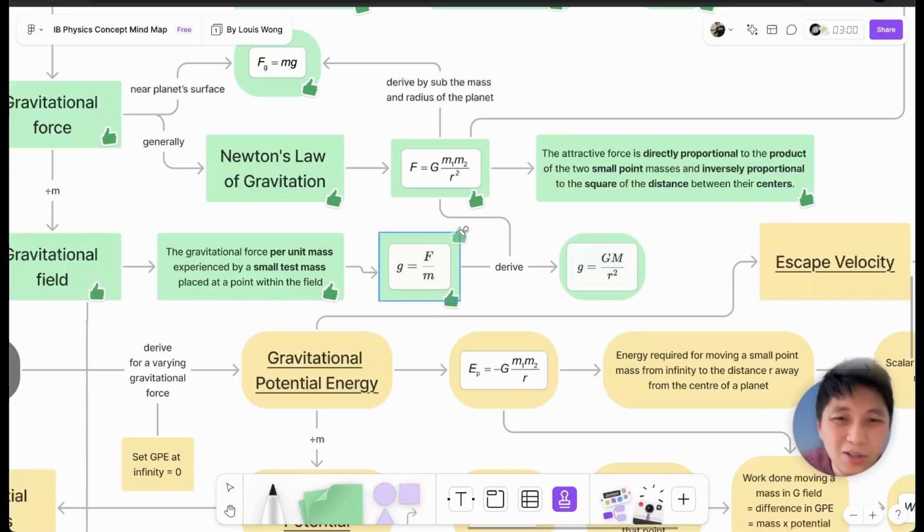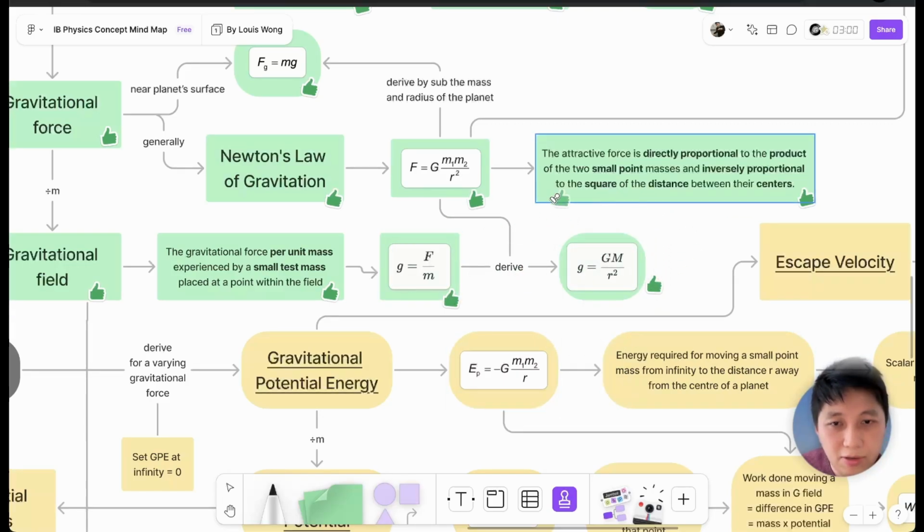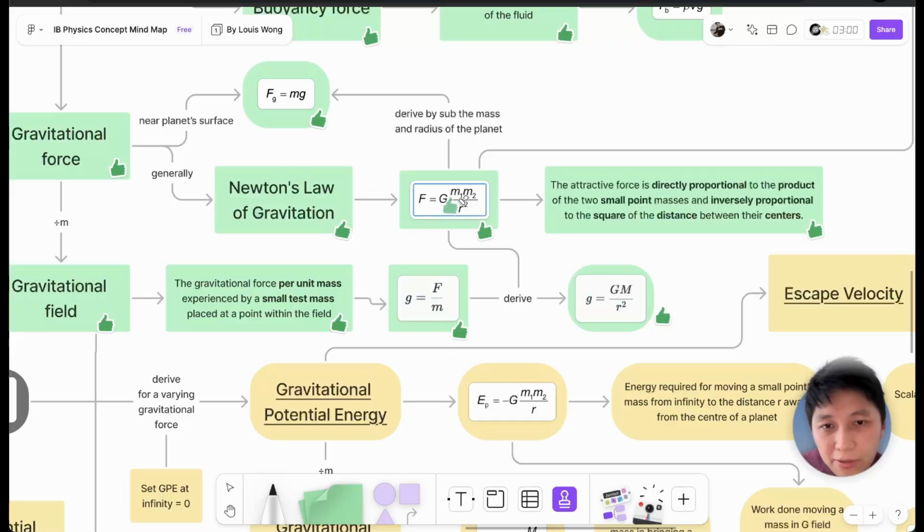If you put them together, you can derive this new equation, but notice that this is the derived form. If you want to go back to the general Newton's law of gravitation, you can always substitute the mass and the radius of the planet, and then you will find this reduced version. I hope this makes sense: this is a specific case, while Newton's law of gravitation is a more general case.